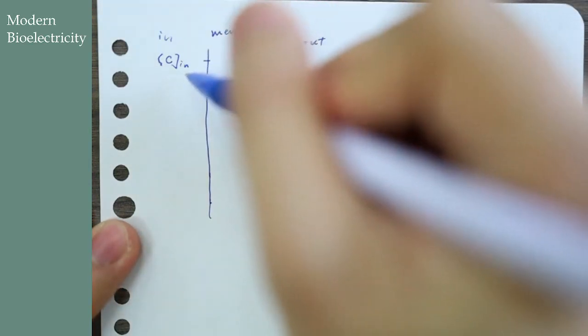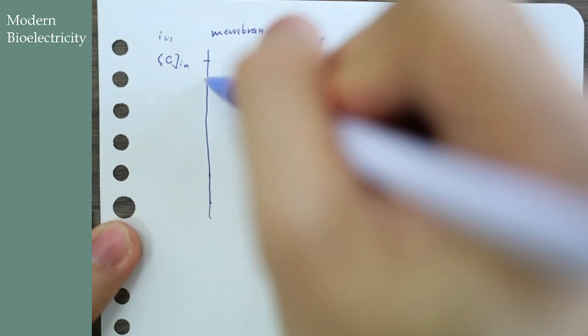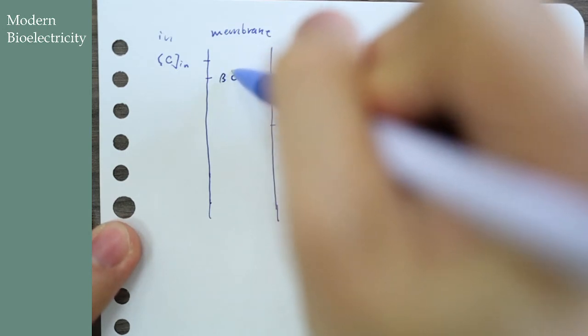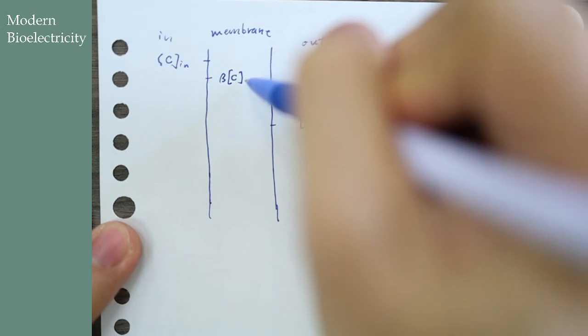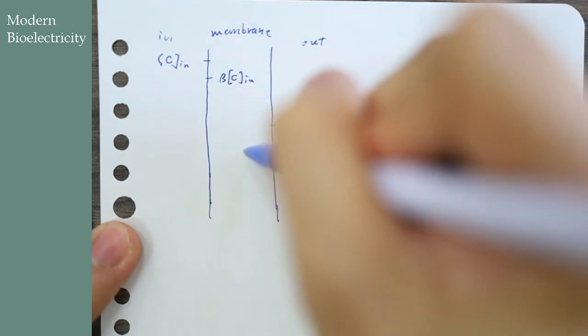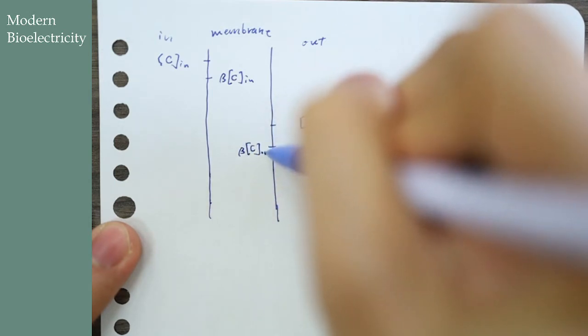And the ion flows from the water to the lipid, with a constant, we call it beta. So this is beta times the ion concentration inside, and we have beta times the ion concentration outside the membrane.